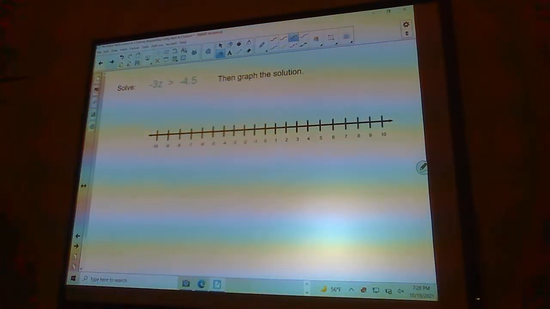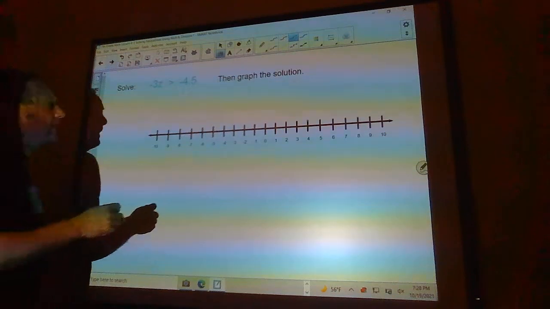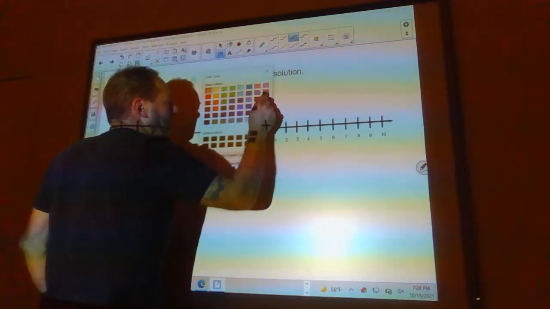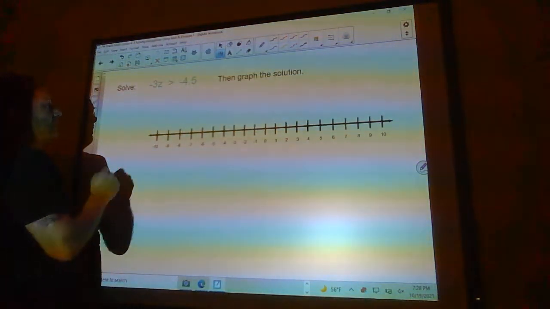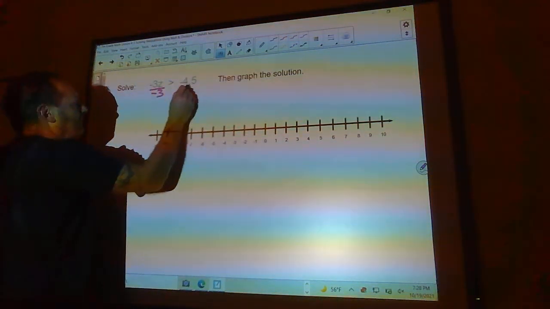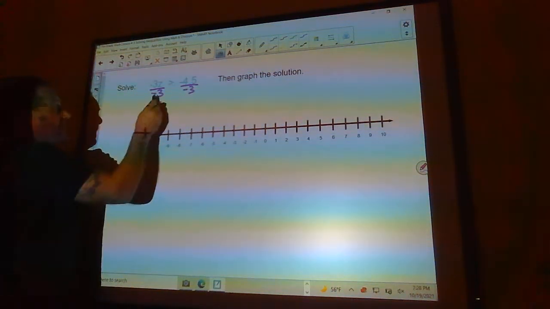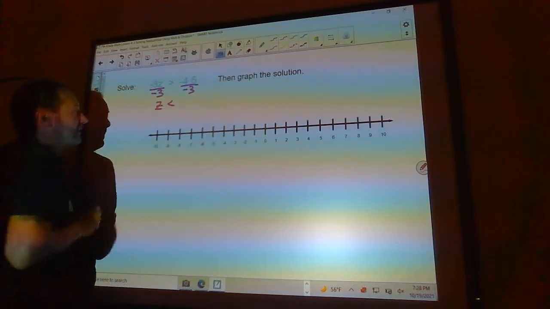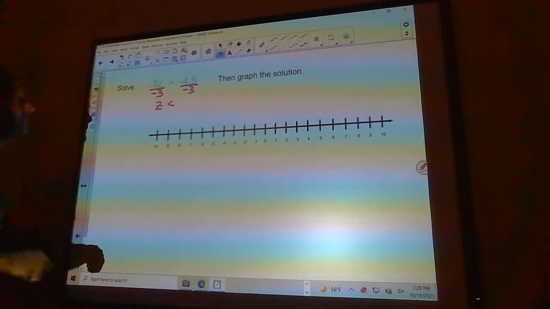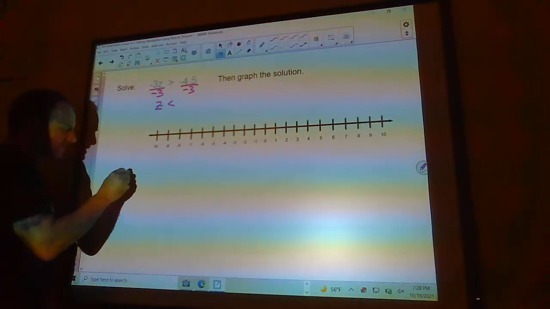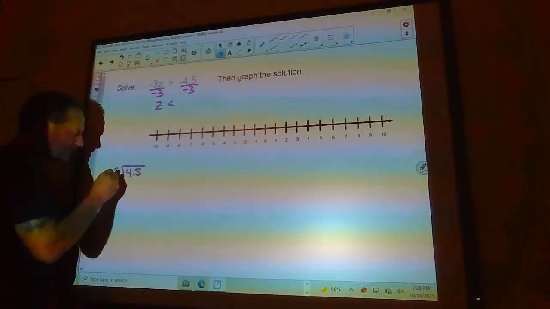Okay, let's try this one. Negative 3z is greater than negative 4.5. The first thing I'm going to do is divide both sides by negative 3. That cancels us out. That's z. Now I divided by a negative, so it's going to flip the sign. Now it's less than. Now I'm going to get negative 4.5 over negative 3, which is the same as 4.5 divided by 3.